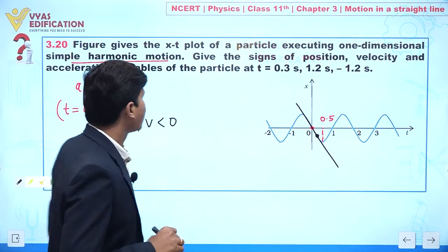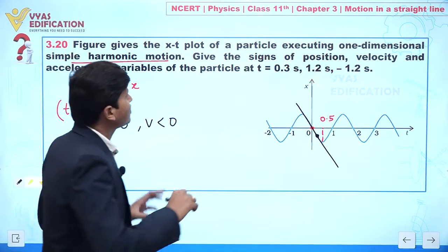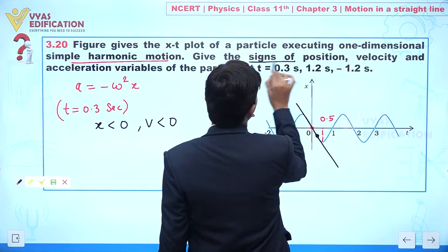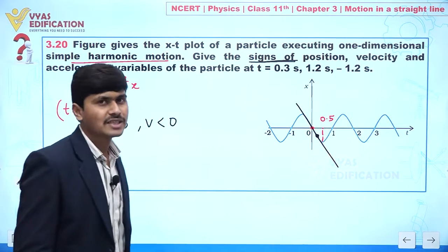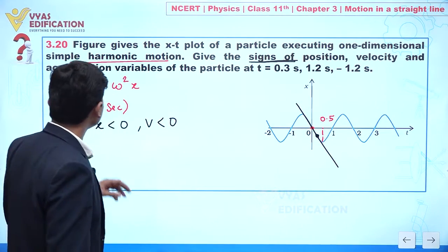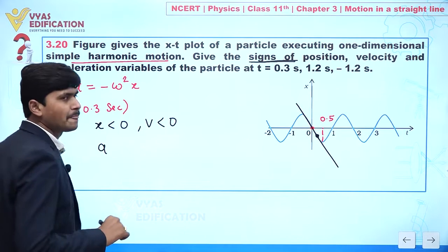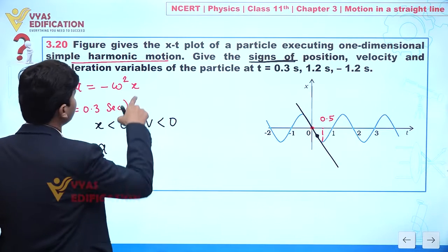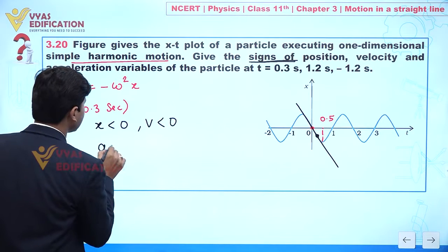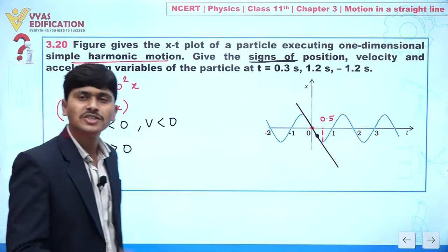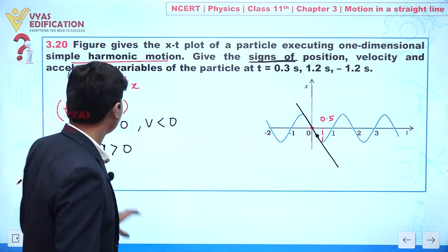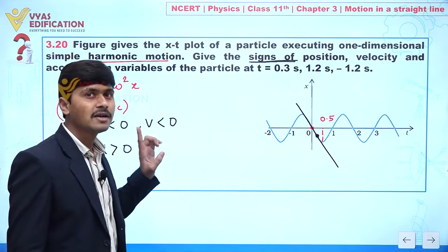Because our objective in this question is just to know the sign of position, velocity and acceleration. Now, when we have x less than 0, what is the acceleration? When x is less than 0, the acceleration is greater than 0. Clear? Yes or no? So, this is for situation number 1.